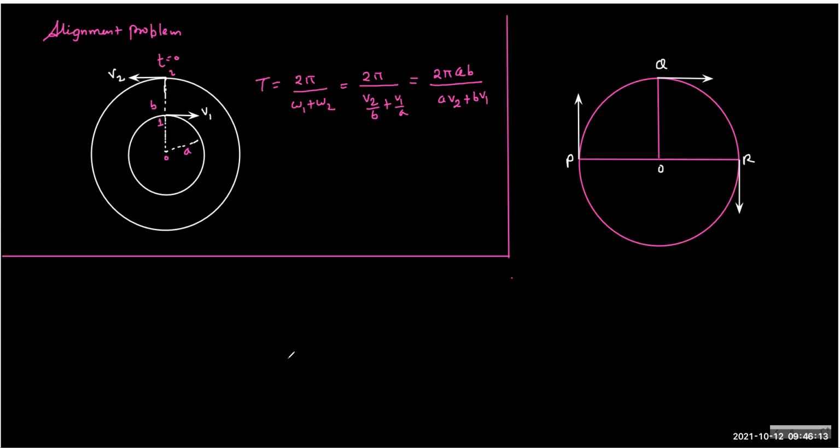Just one question in the left hand side problem, that omega 1 should be V2 by A plus B. I think omega is given for all, right? So omega is, I think, given directly. It is given that the angular velocities of P, Q, R are 5 pi, 2 pi, 3 pi respectively.